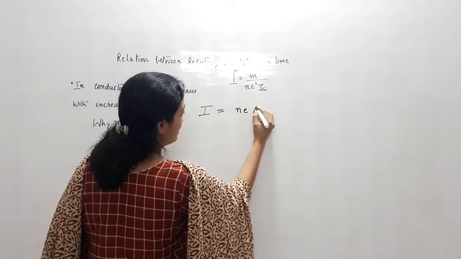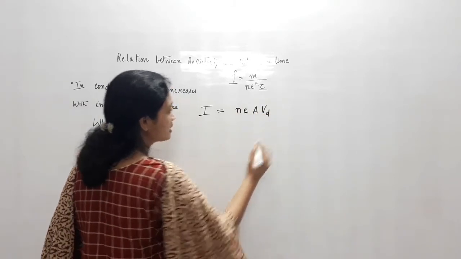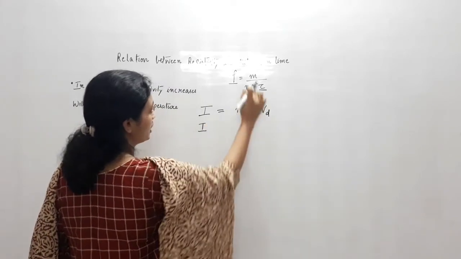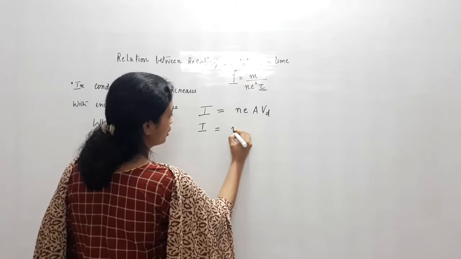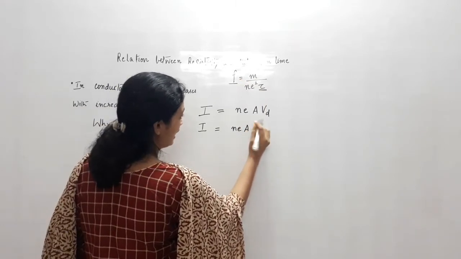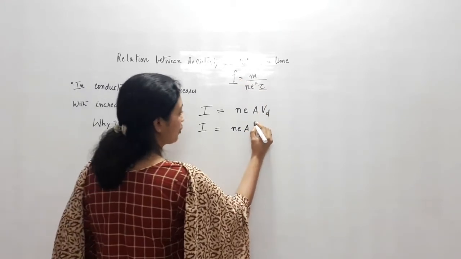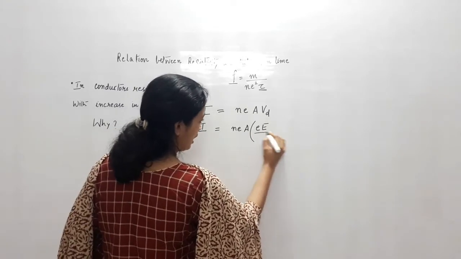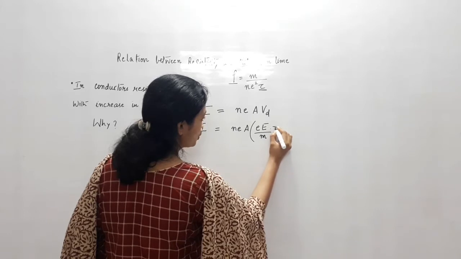Now we know the relation which we have already derived: current I is n e A v_d. Using this relation we will proceed to derive the above relation. So we will write neA, and in place of v_d, I will write the expression for drift velocity, which is eE upon m into tau.